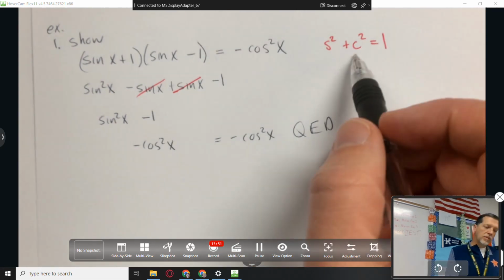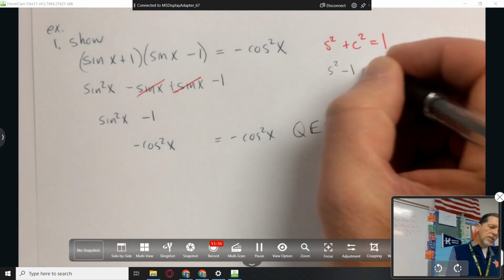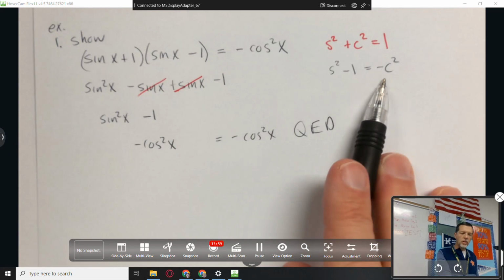Right. If I rearrange this formula, if I move the 1 over and move the cosine over, sine squared minus 1 is negative cosine squared.